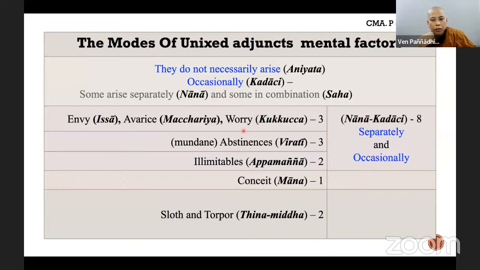Although we count 20, it is impossible for 20 to arise together, so 18. In the minimum case, 17 is also possible, without any of them: no Issa, no Macchariya, no Kukkucca at the moment. So 12 aññasamana and 4 universal unwholesome, 16, plus Dosa, 17. For the second one, you just need to add the Thina-middha. This is the way we need to consider.